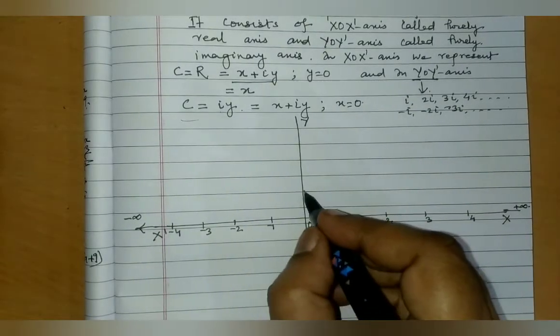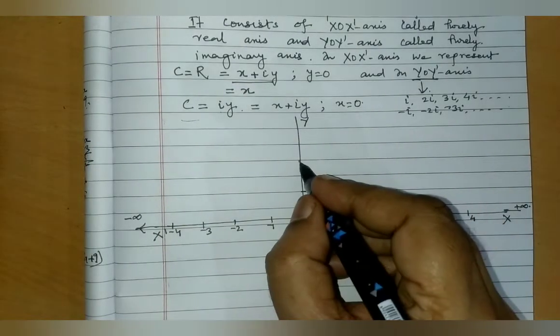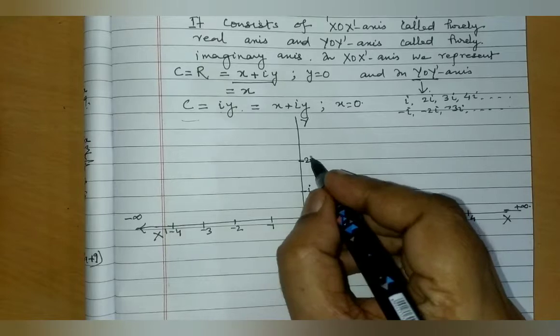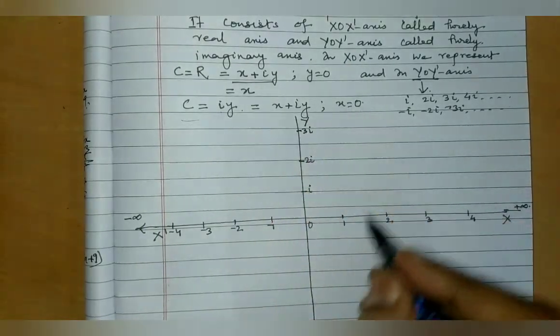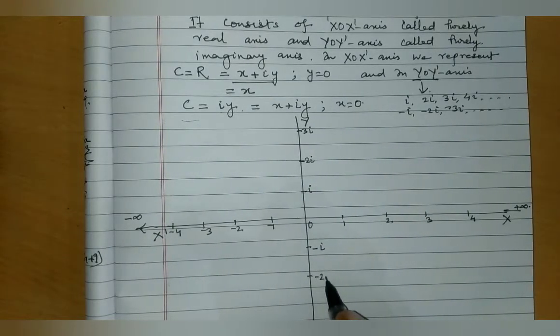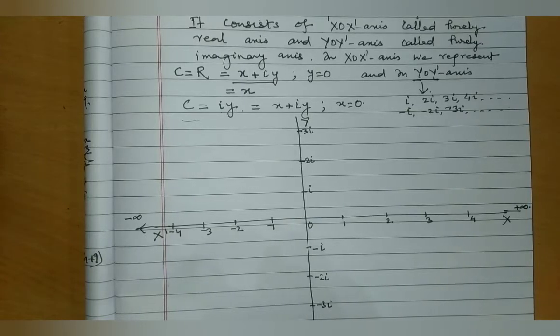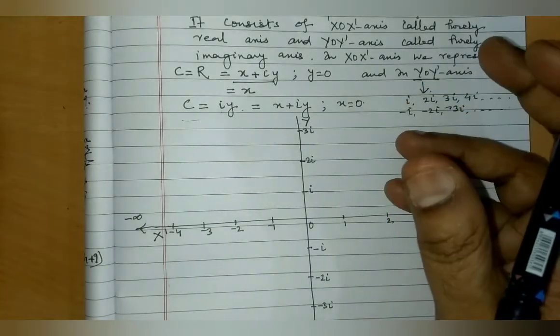And here I am taking this distance is i, this is 2i, 3i, and so on, and here minus i, minus 2i, minus 3i, minus 4i. In general, iota is not written, but here I am writing only to explain you.